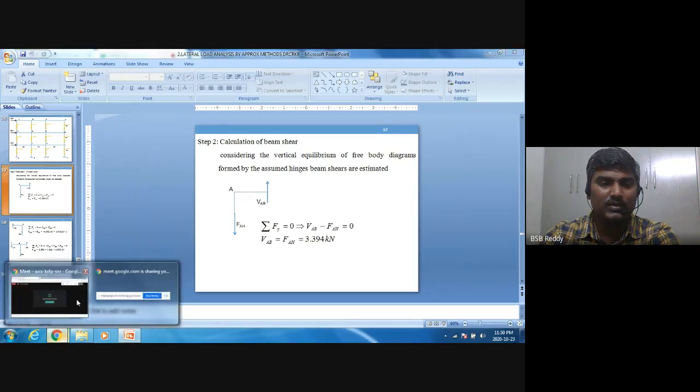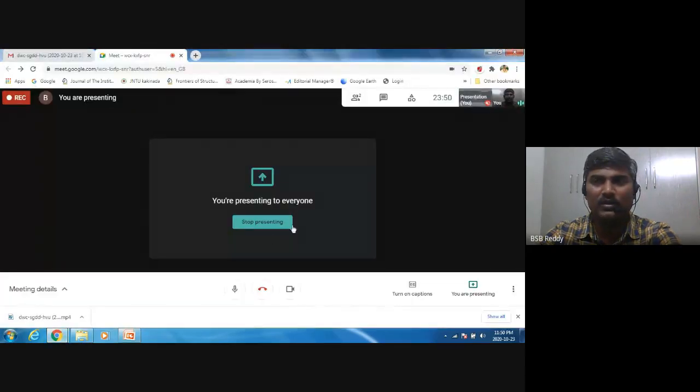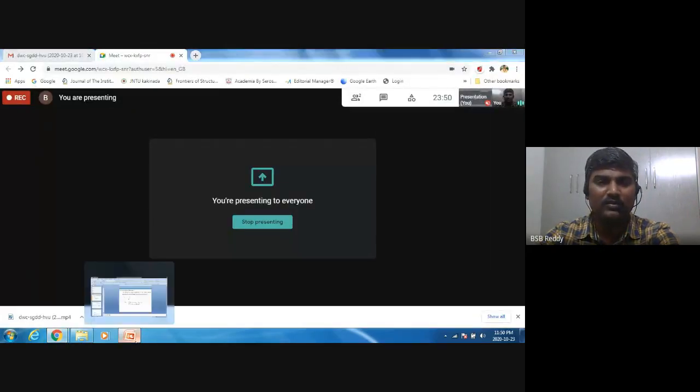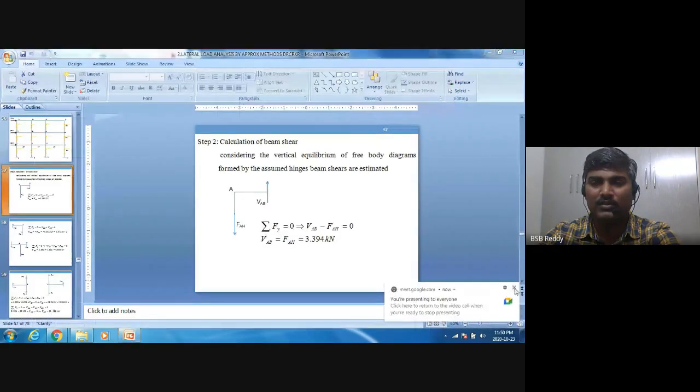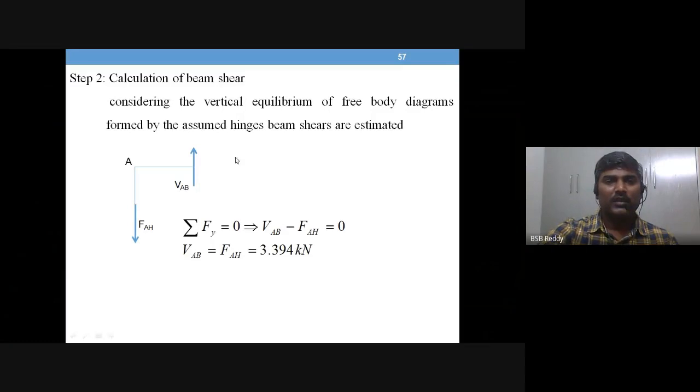So I will clear all that drawn earlier. Now we will go afresh into that diagram. Right, so everything is clear now, all that written material. So the joint A associated free body diagram is taken. Means what?